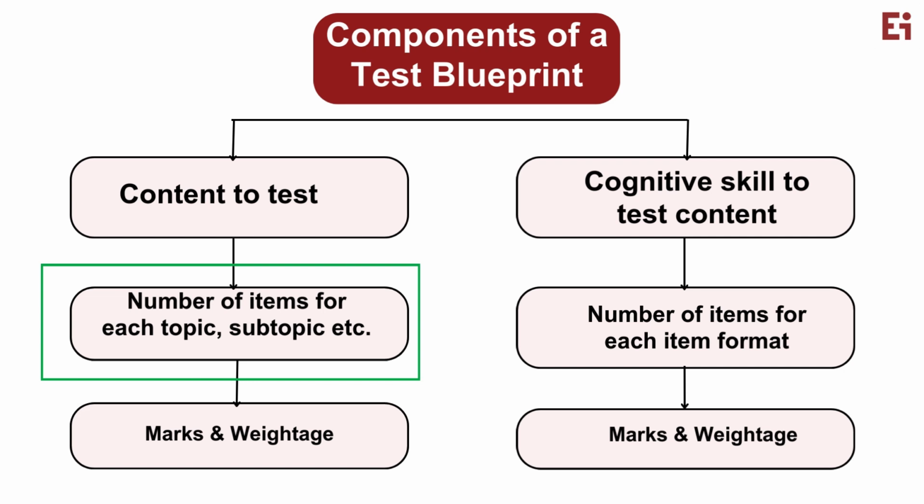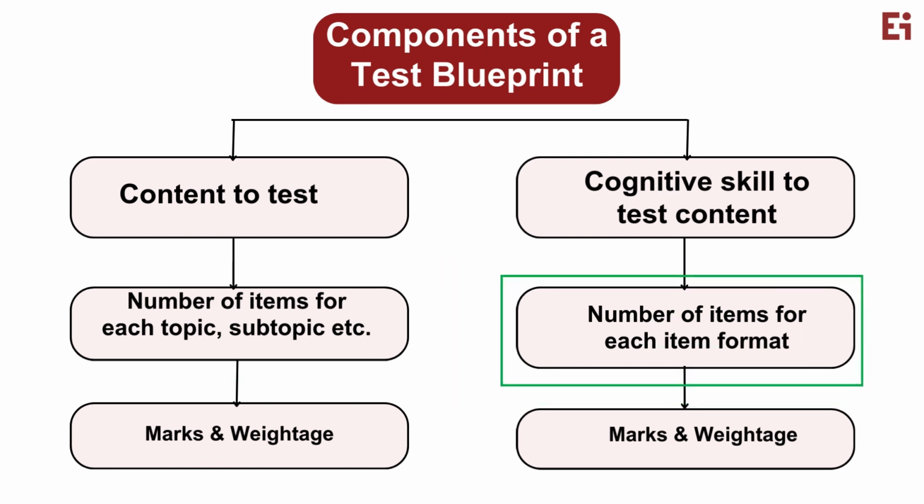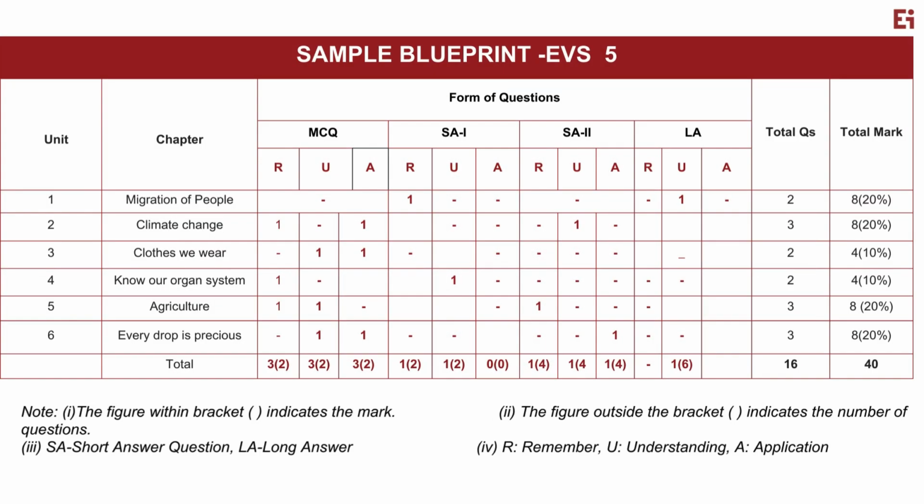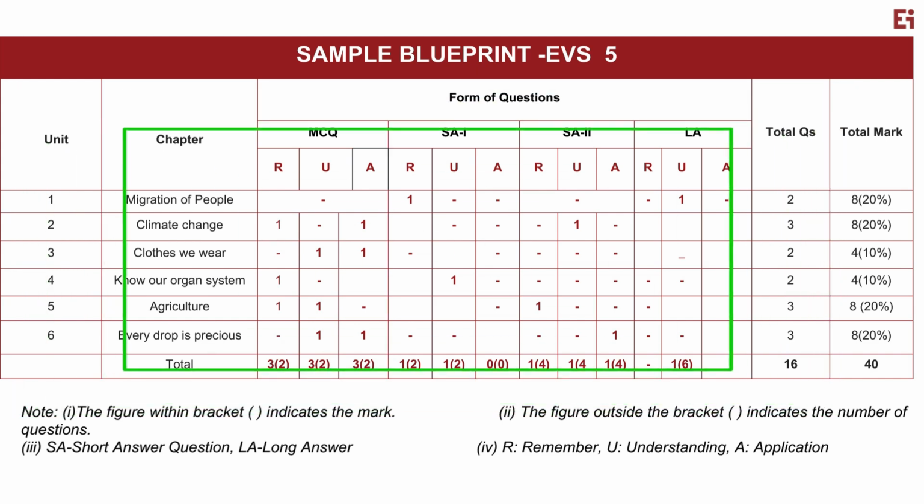and the number of questions for each item format, such as MCQs, short and long answers, etc. This can be done by further detailing the blueprint. Let us understand this better through an example. Here is another example of a detailed test blueprint that will capture additional information like how many questions will be in the multiple choice question section or constructed response question format such as short answer and long answer type, and marks allocated for each question type and chapter.